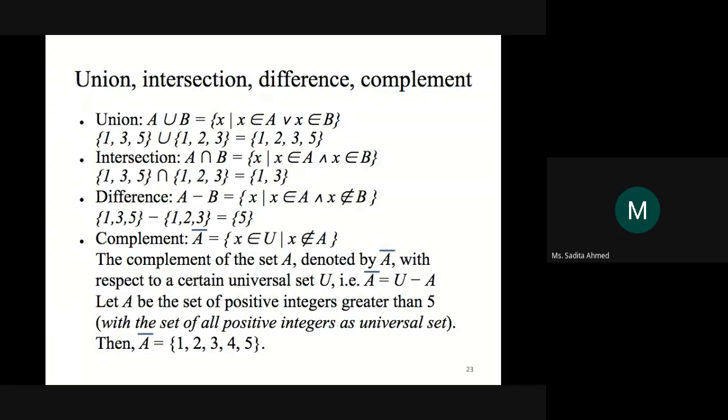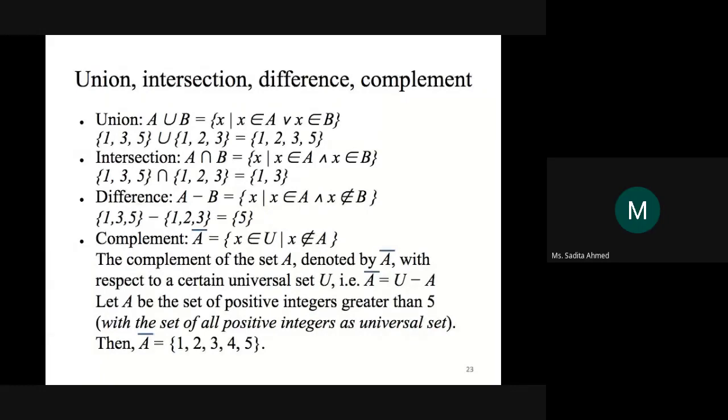So in case of intersection, the intersection between any given set with the null set would give you null. And wherever you place the null set, in the first position or the second position, it would still be null. And in case of union, if A union null, then we'll have A. Union and difference will basically be the same.